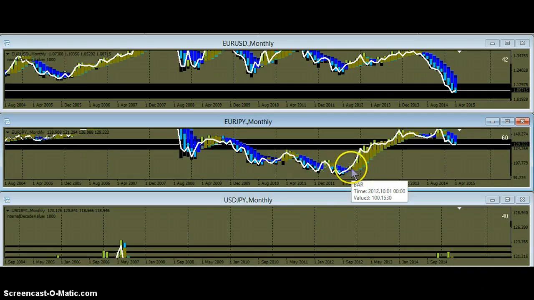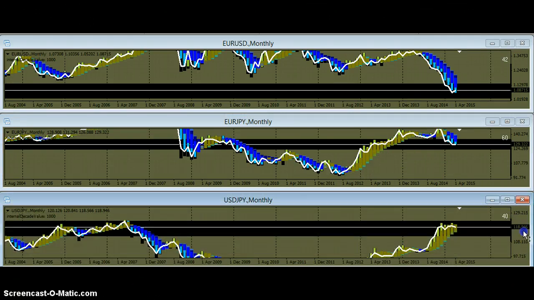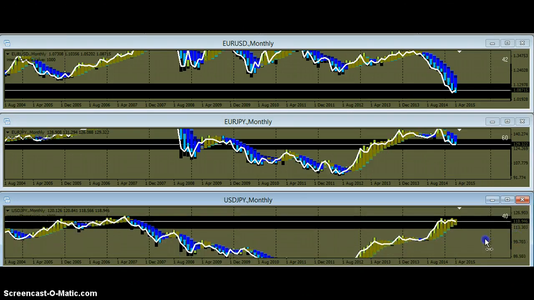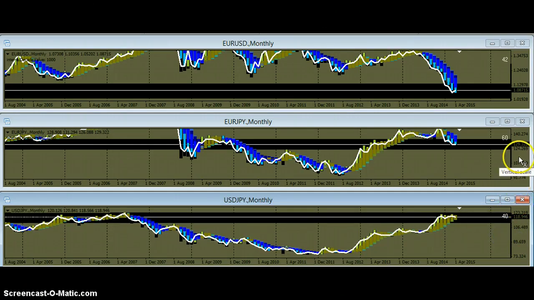This filter here, as soon as this turns this color, of course, you're only trading it from the long side. So you would be on the monthly churning away the markets. I'm trying to get these queued up here.